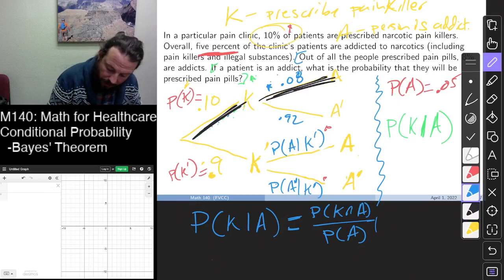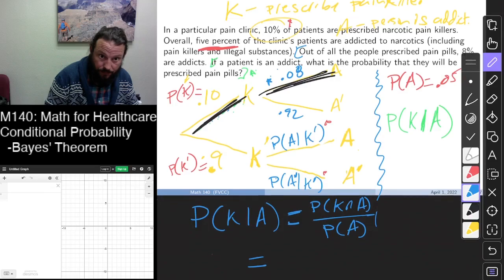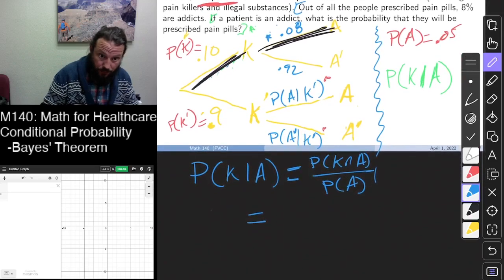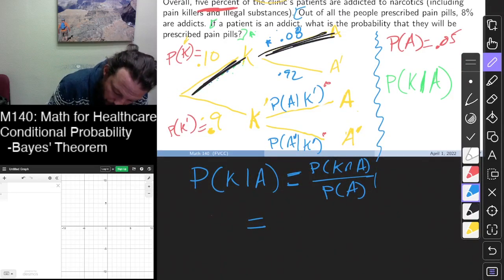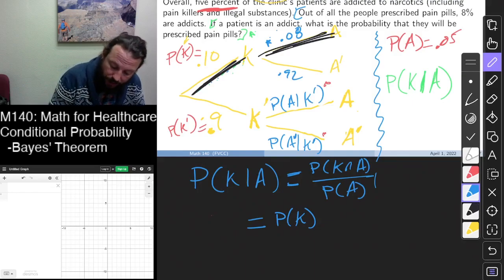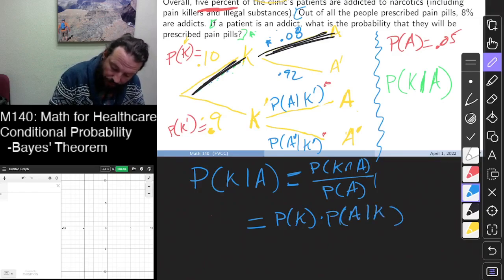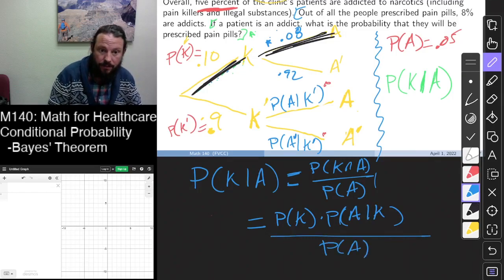We're going to write down that formula. That's going to be the probability of K, basically following down that black path, times the probability of A given K, which we have. And then, of course, probability of A carries on.